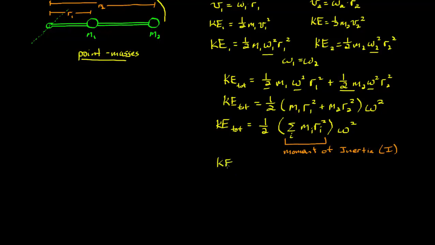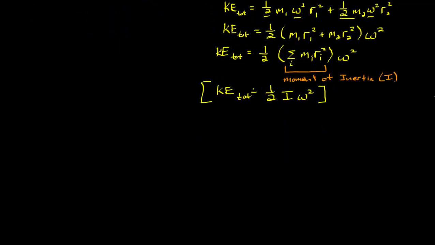The kinetic energy for point masses is going to be 1/2 I omega squared, where I is equal to the sum of the masses times the distance from the axis of rotation.